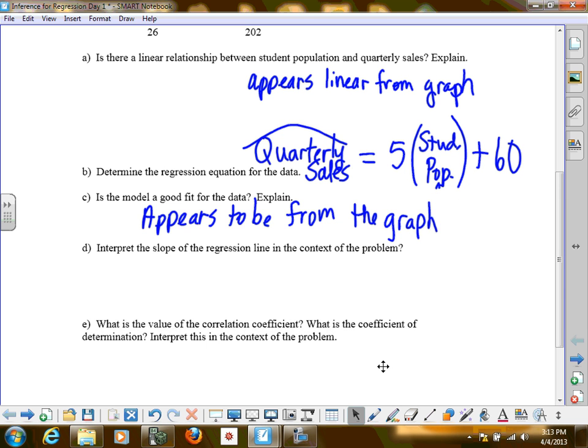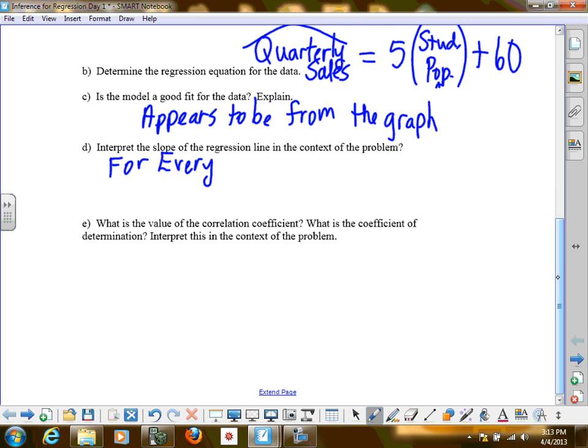I like to start that off by saying for every. Okay, so that's a good start. Because it is a reference between those two variables. So for every what? Good. For every 1,000 increase in student population. Okay, good.